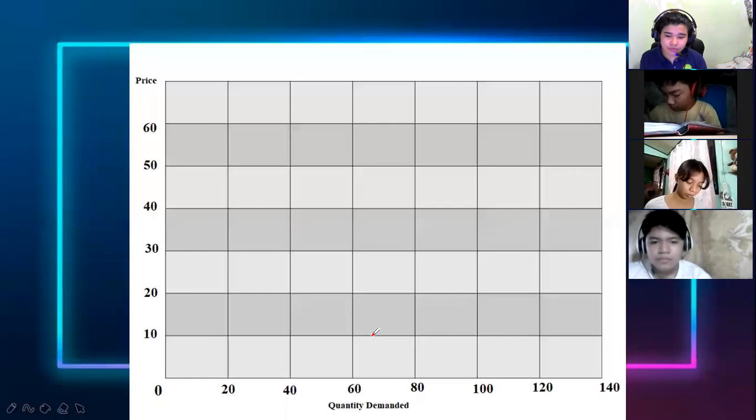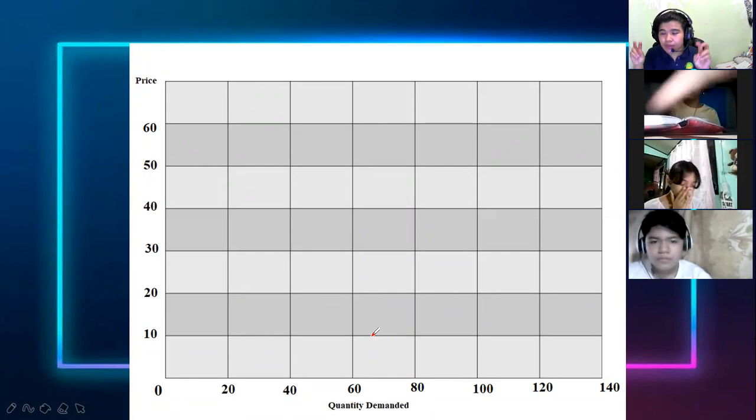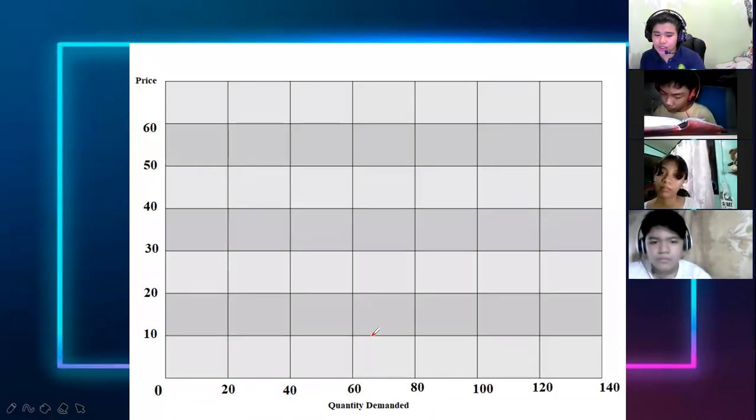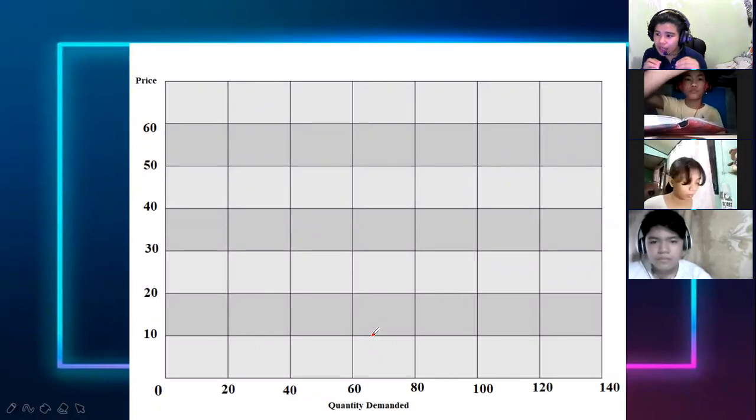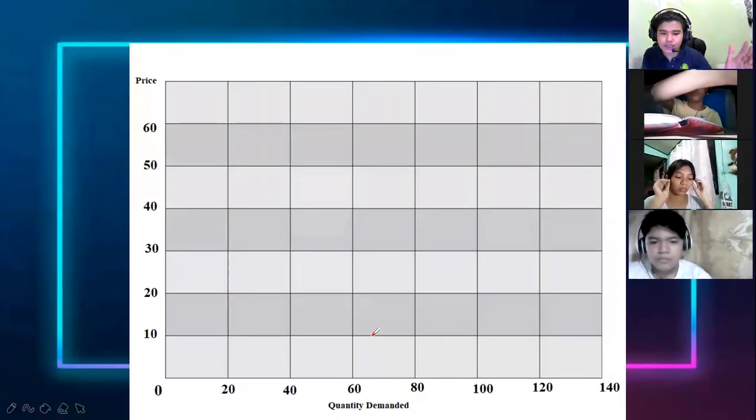So here, I created a chart. In future activities, if I ask you to do the demand curve, you must do a chart like this as well.